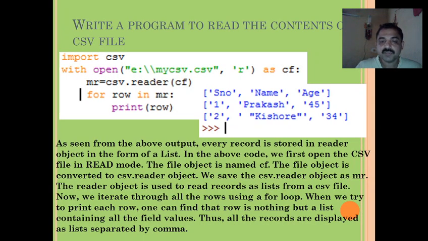We save the csv reader object as mr. The reader object is used to read the records as lists from the CSV file. Now we iterate through all the rows using a for loop. When we try to print each row, one can find that the row is nothing but a list containing all the field values. Thus, all records are displayed as lists separated by commas. I hope you are clear with this.